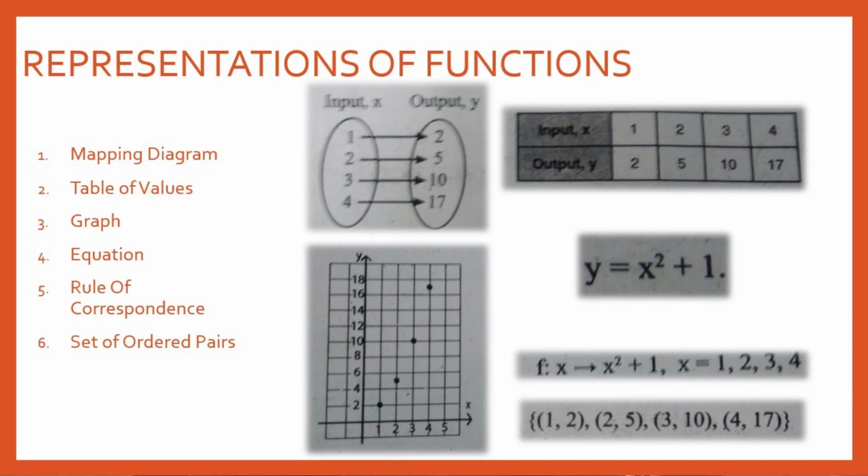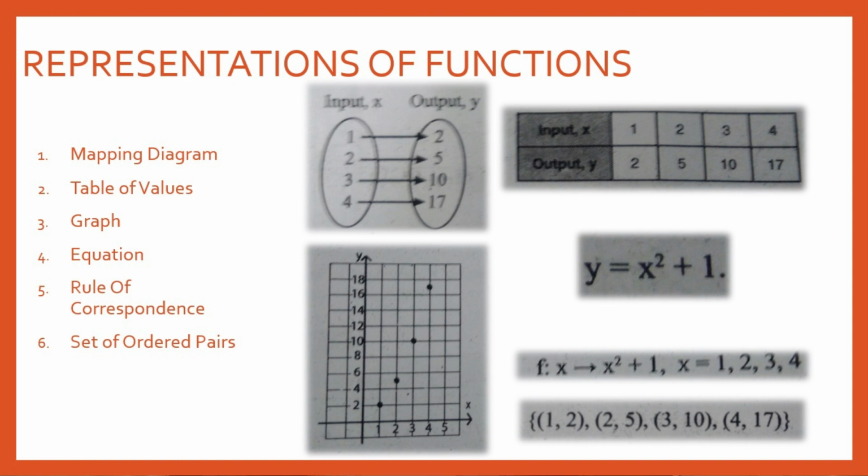Representations of functions. In the picture, you can see different representations of functions. Let's begin with a mapping diagram, where you can see the input x and its output y. Number 2, the table of values, where you have all the values for the input x and another column for the values of the output y.